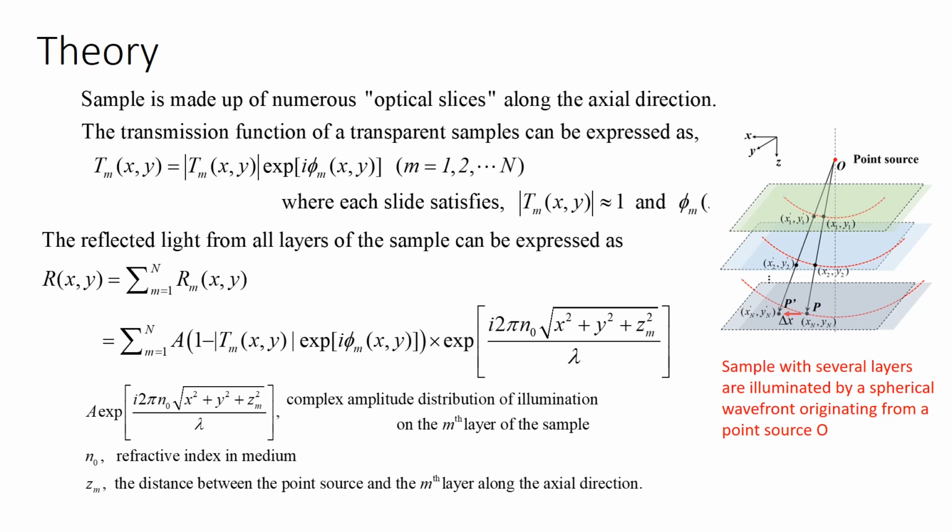Where the phase angle is much less than pi, and also the transmission is nearly equal to 1. And we obtain the reflected light from all layers of the sample by the following expression R(x,y) from all layers.